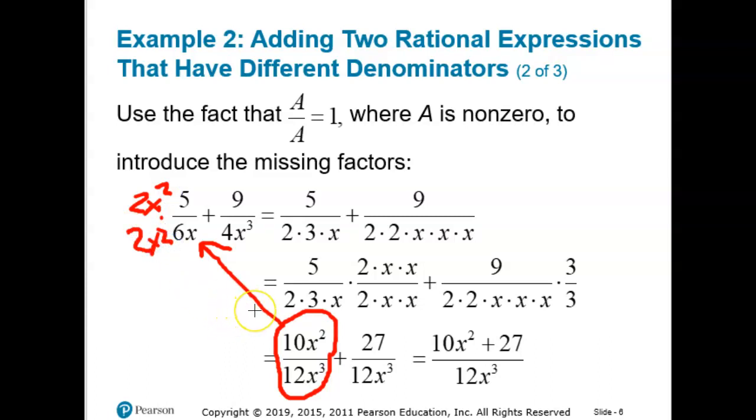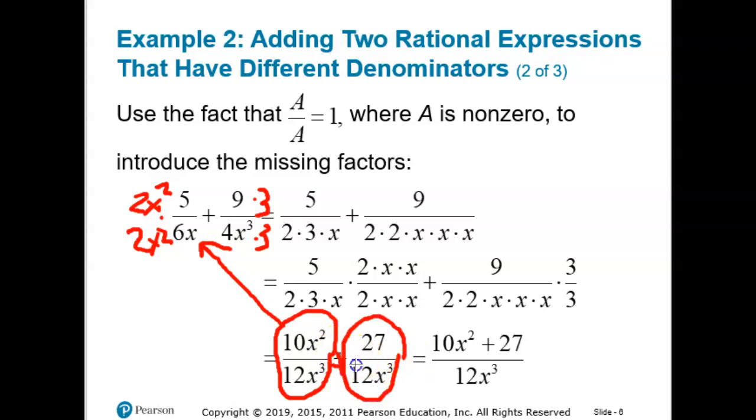We'll do the same with the second fraction, 9 over 4x cubed. And we ask ourselves, what do we need to multiply 4x cubed by to get 12x cubed? We simply have to multiply it by 3. So then we multiply the numerator by 3. And that is where you get 27 over 12x cubed.